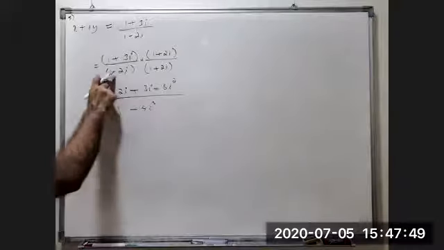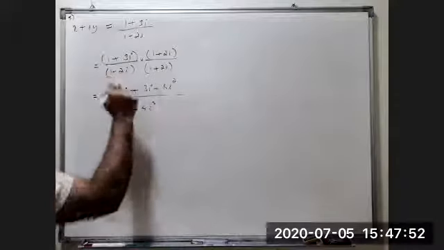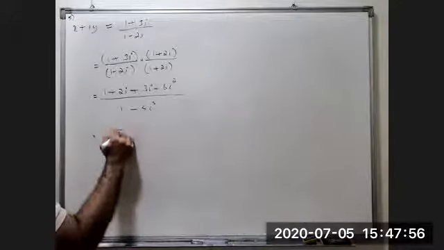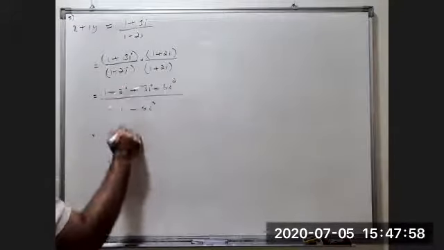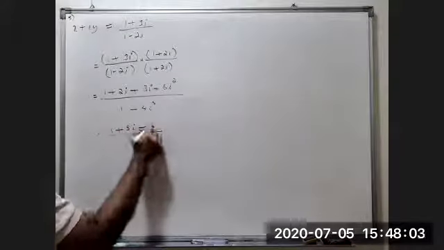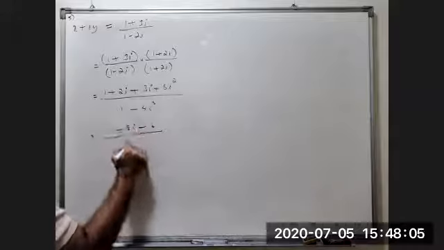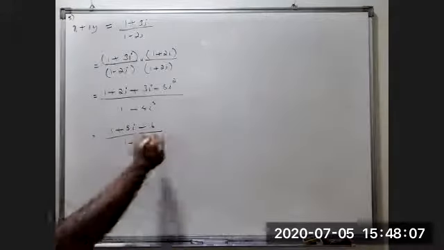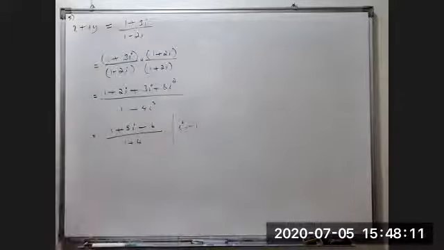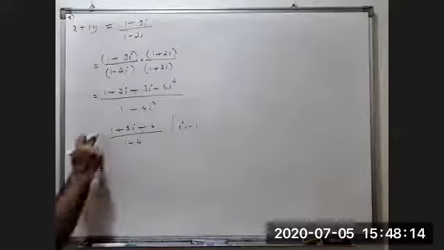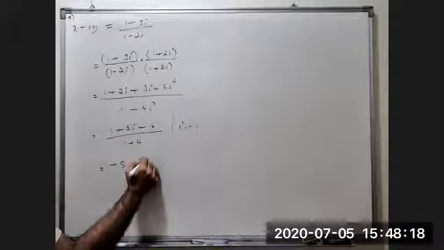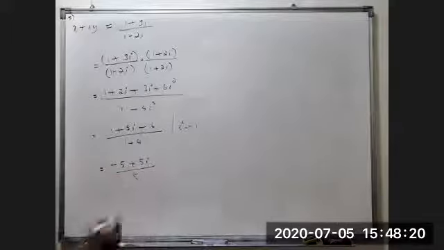Is it? 1 square minus 2 square i square. This is 1 plus 2i plus 3i is 5i minus 6, by 1 plus 4, because i square is minus 1. 1 minus 6 is minus 5 plus 5i by 5.